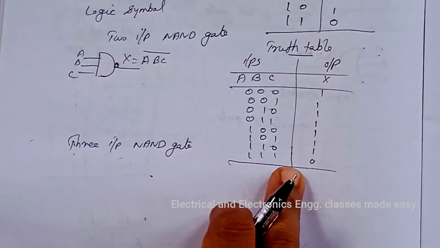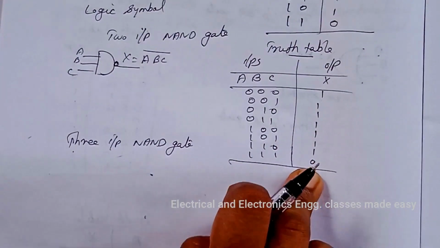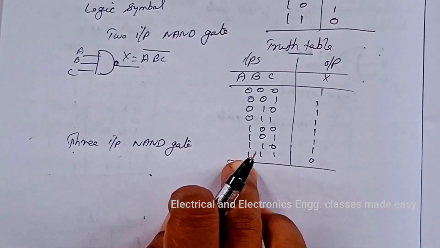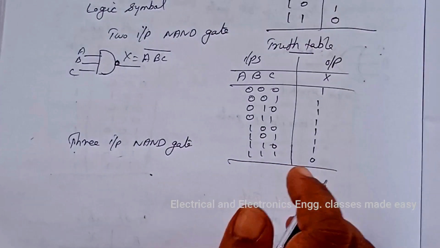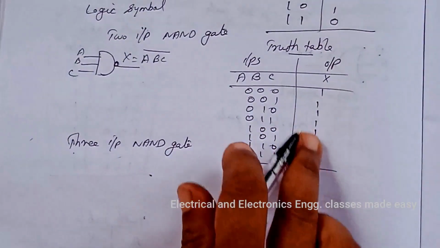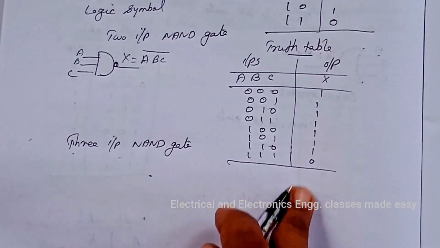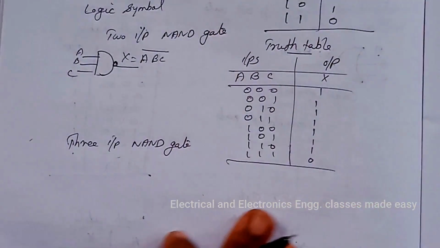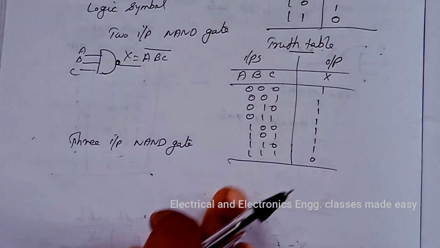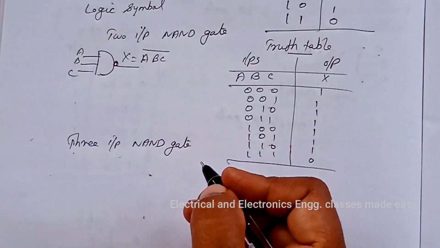So here also the output is logic 0 level when each of the input assumes a logic 1 level, and in all other cases the output is logic high. And the NAND gate can perform the OR function.